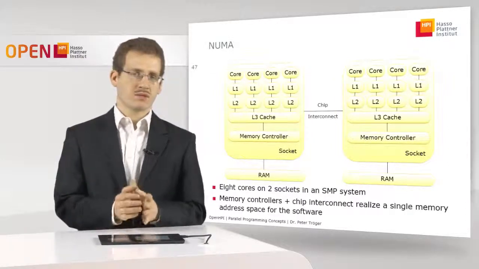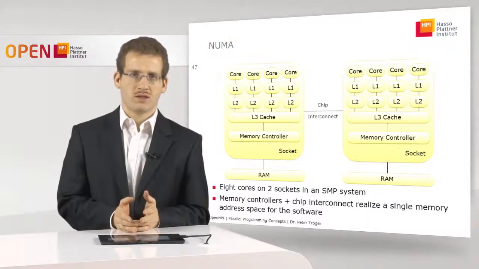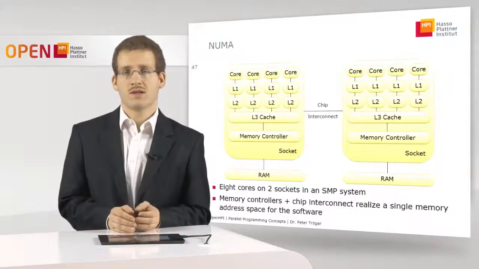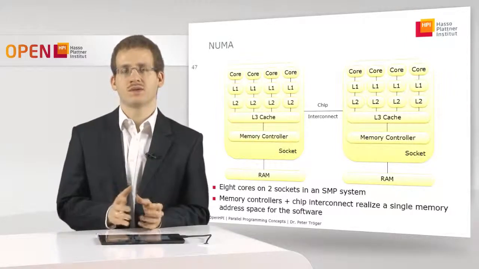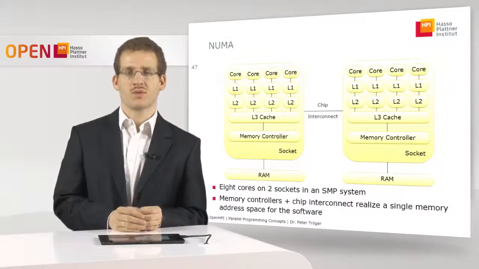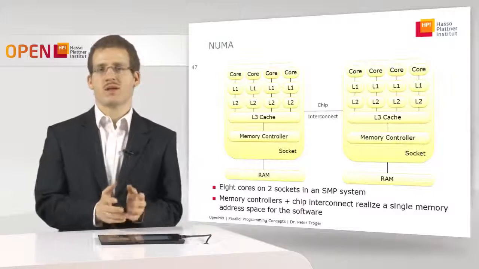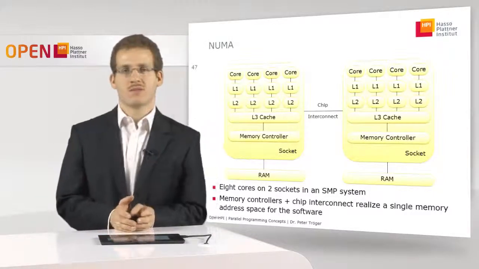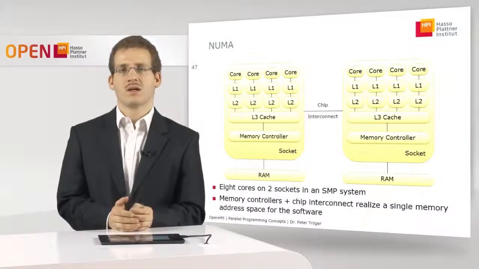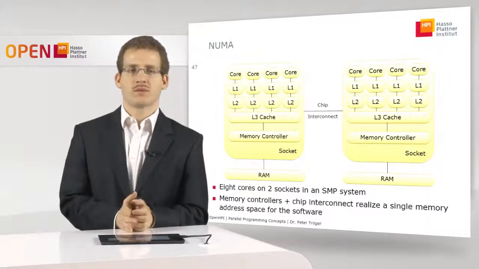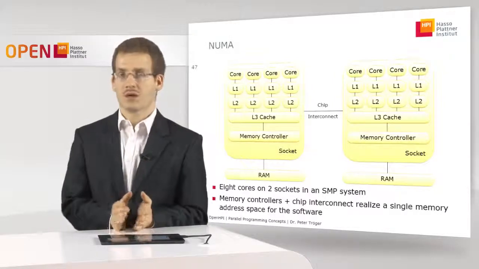If you now think for a moment about the chip interconnect being a real network connection, then you can have even large-scale NUMA systems, for example in the high-performance computing world, where some activities access memory by reading and writing values, and the operation may take a little bit longer than the access to your own local memory. This was the non-uniform memory architecture idea in parallel hardware.